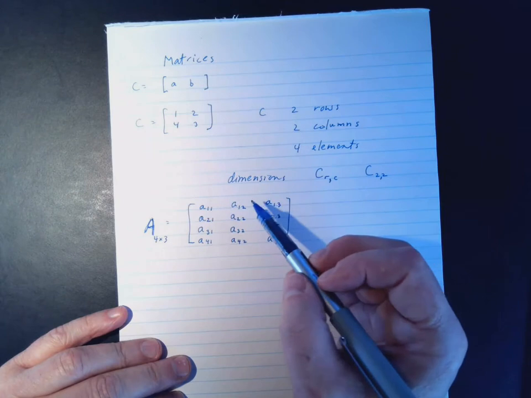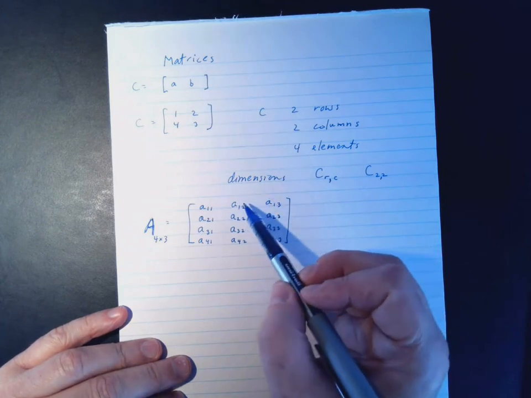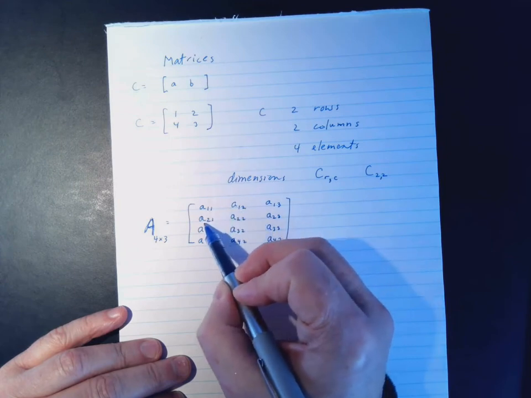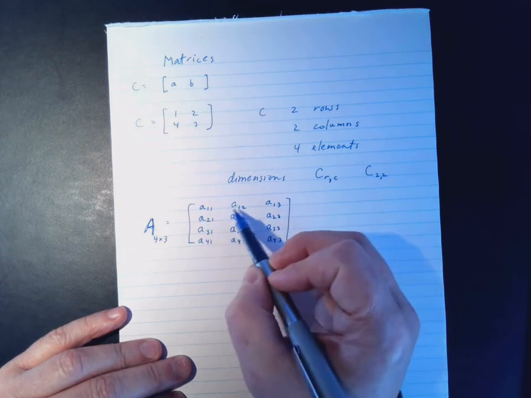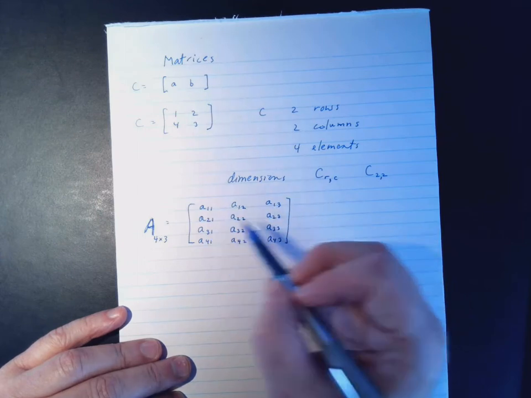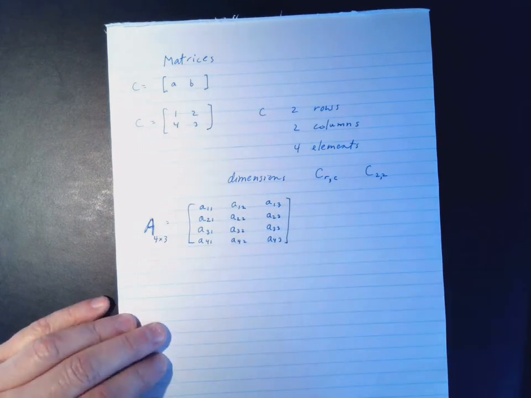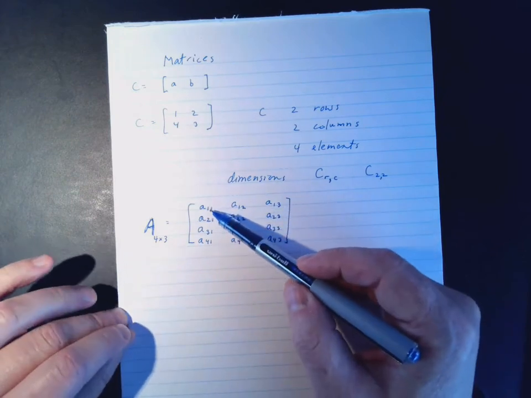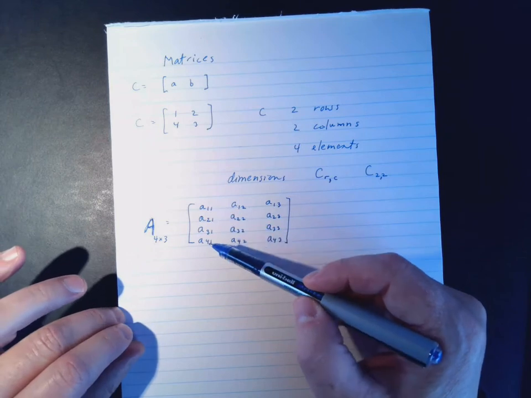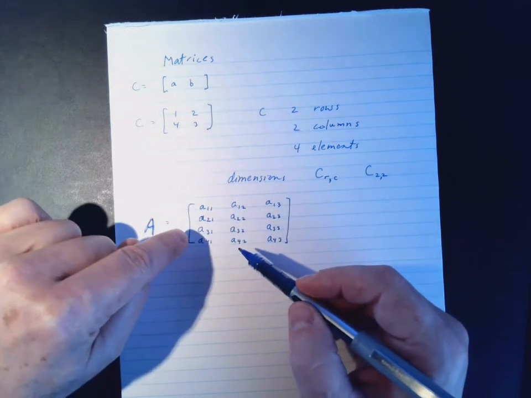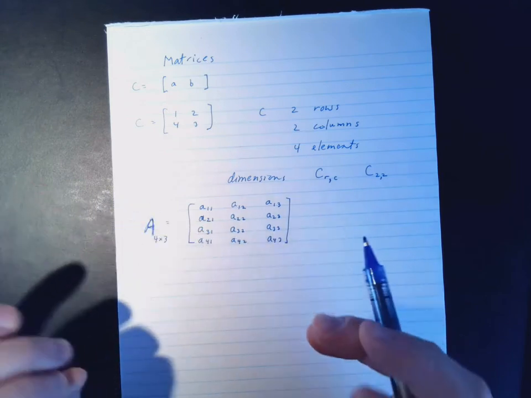And you'll notice that the numbers here reverse when we go diagonally across the center line here. So 1, 3, down to 3, 1. So when we work with matrices, it is sometimes important to keep track of whether you're referring to the row or the column.